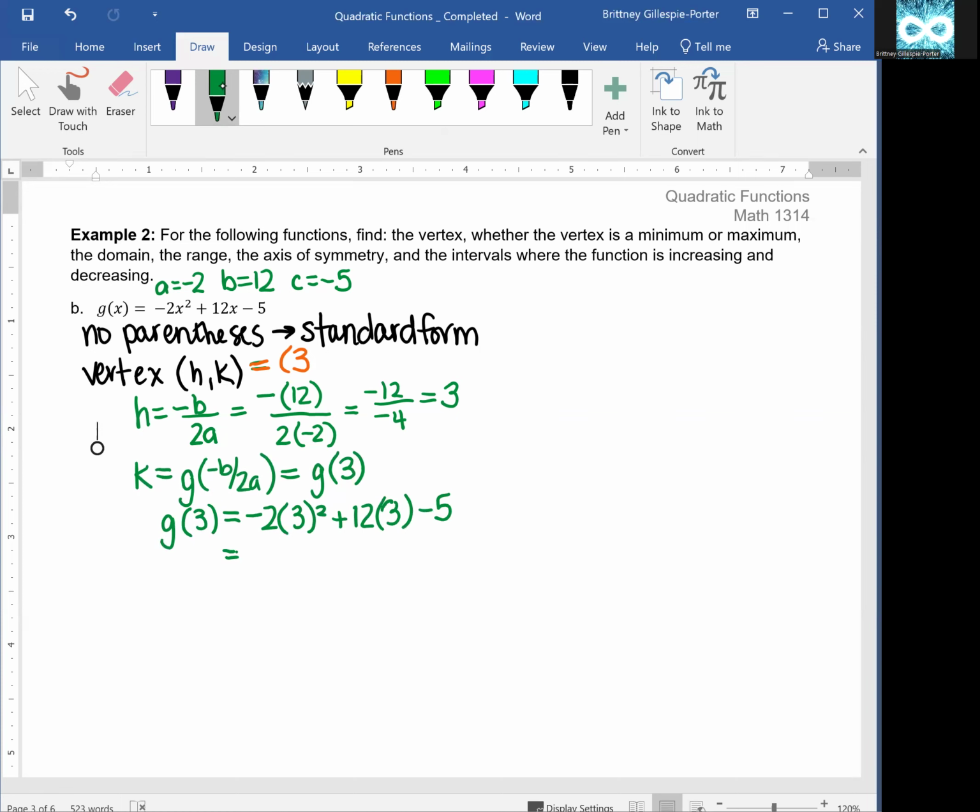Otherwise, if you're doing it in pieces, make sure that you do not drop your signs. You should have negative 18 plus 36 minus 5, and we wind up with 13. So our ordered pair for our vertex is (3, 13).